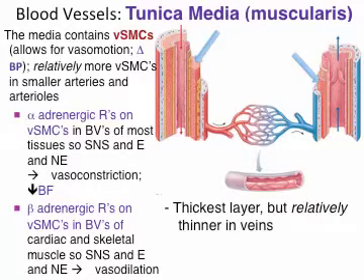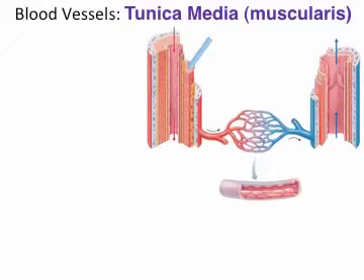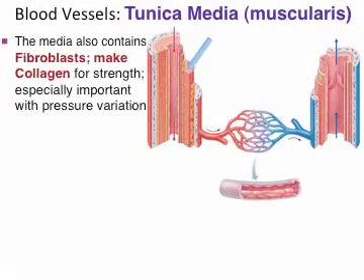The media in general is the thickest layer of the three tunics, so the tunica intima, the media, and the adventitia. The tunica media is generally the thickest of the three tunics, but the tunica media is thinner in veins relative to arteries.